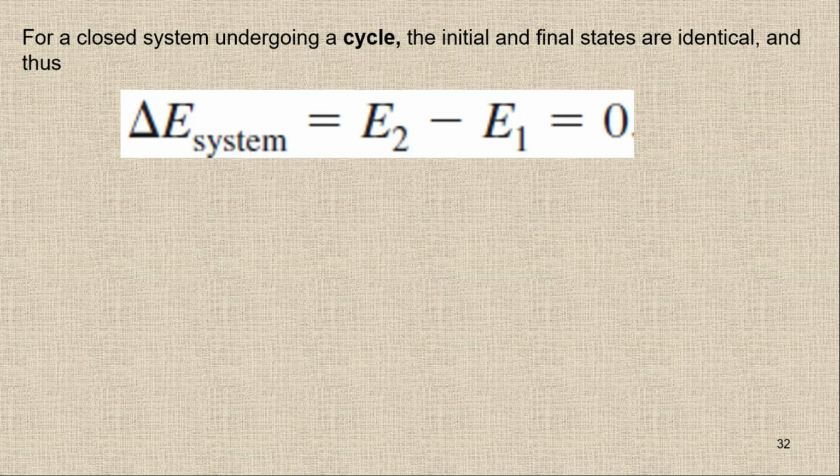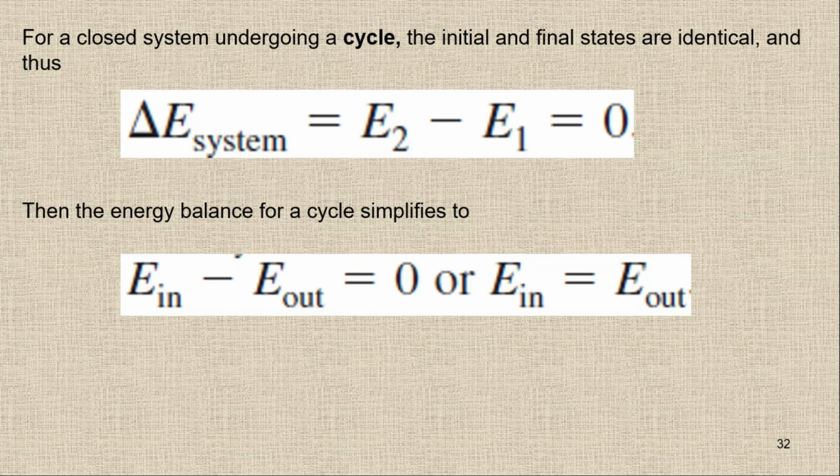Now, if there is no change, then the energy balance will be energy in minus energy out equal to 0, because there is no change in the energy of the system. Or I can say that the energy in must be equal to the energy out. The amount of energy that is coming in must be equal to the energy that is going out. So this is for a cycle.